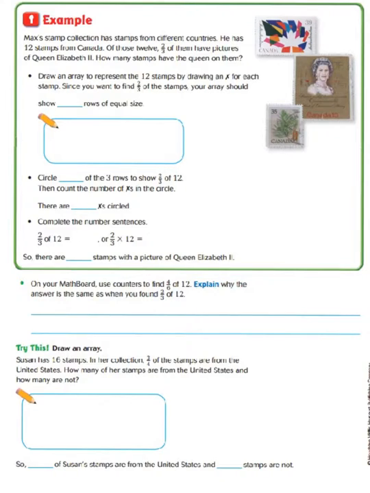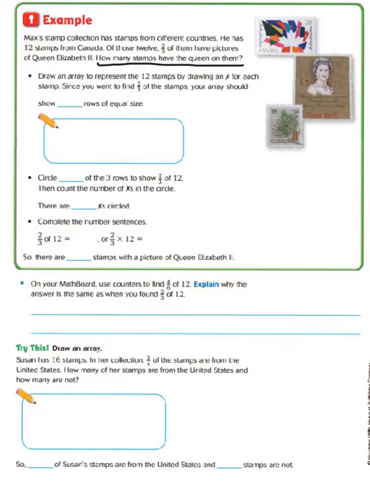So now let's take a look at another example. It says Max's stamp collection has stamps from different countries. He has 12 stamps from Canada. Of those 12, 2/3 of them have pictures of Queen Elizabeth II. How many stamps have the Queen on them? Let's take a look at our word problem, and we know that the question is, how many stamps have the Queen on them?